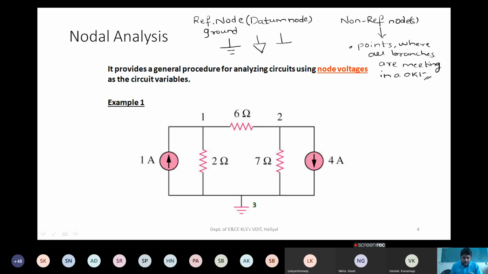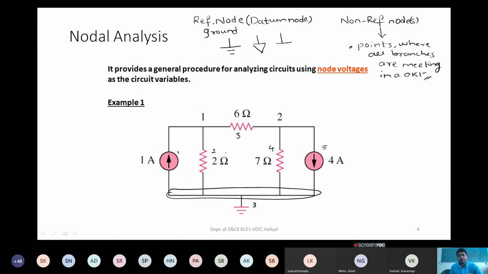So you can see how many components are there. We have first one current source, second one 2 amps, third one 6 ohm resistor, fourth one 7 ohm resistor, fifth one 4 amp source. So here you have to check out of the 5 elements. We see that here this point is common.